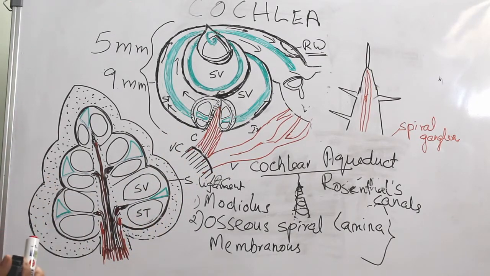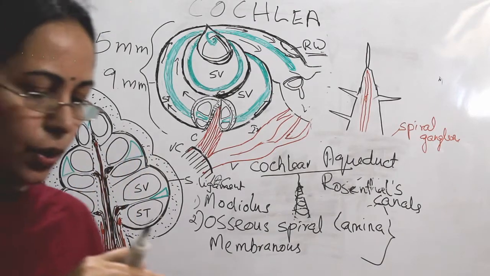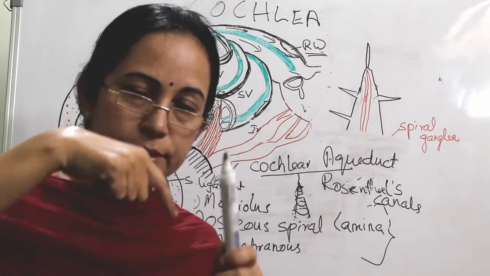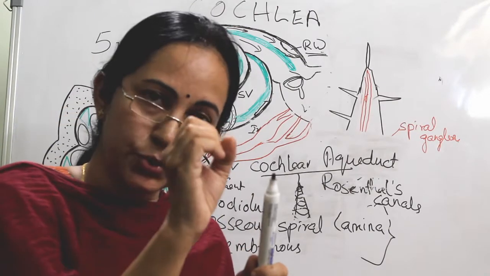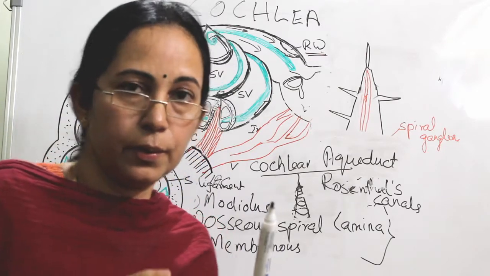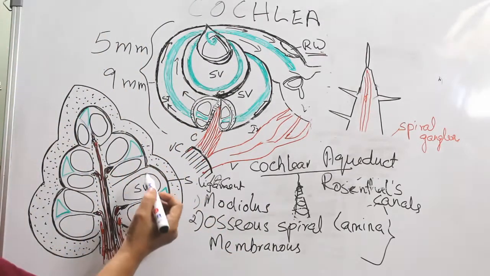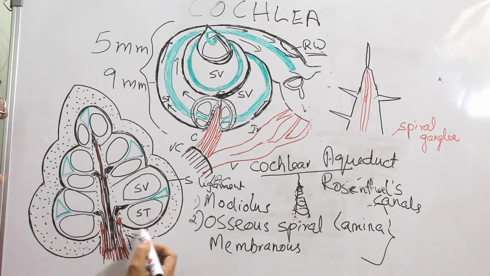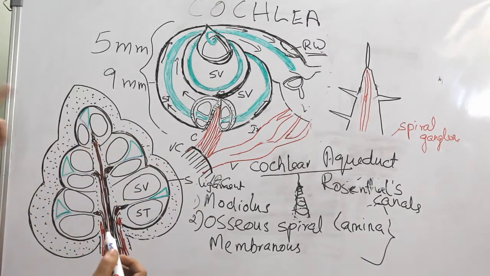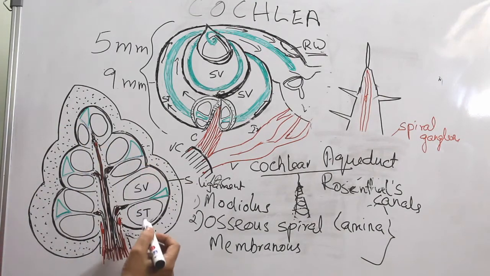Another thing you have to remember is that each coil is coiling around a central modiolus. So each tube is separated from the tube above and below by the interscalar septum. Here you can see one tube, another coil, another coil. So 1, 2 and a half, so 2.5 coils.